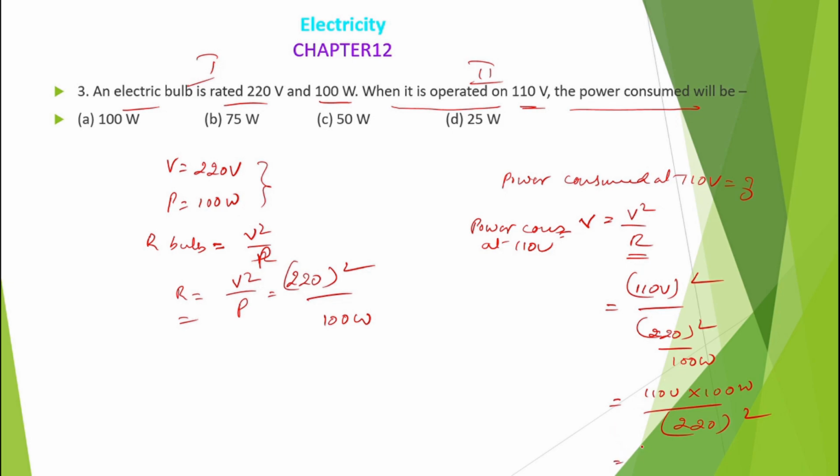Simplified, you will get 25 watt. That means power consumed at 110 volt is 25 watt. This is the answer.